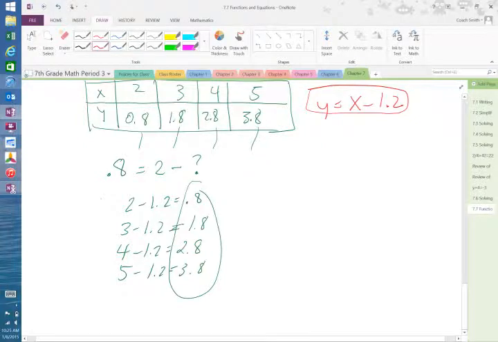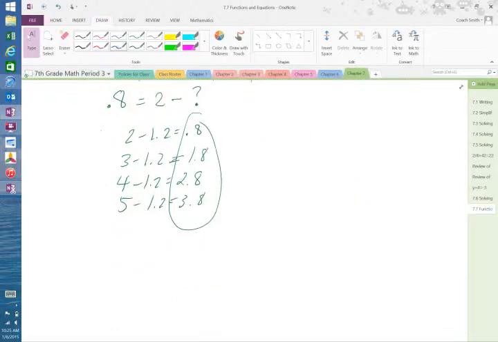Now, the way they do it in the directions, it says write a function rule for the input-output table. Okay, so that's how you write a function rule for the input-output table. Now, let's look at this. Let's say they give us a function rule, y equal to x plus 11.